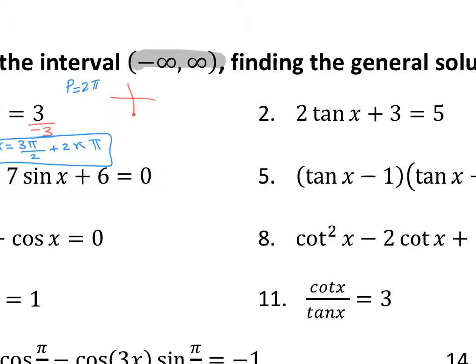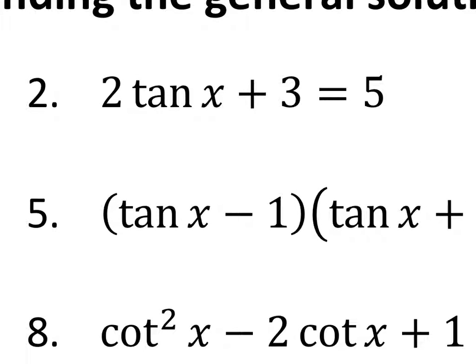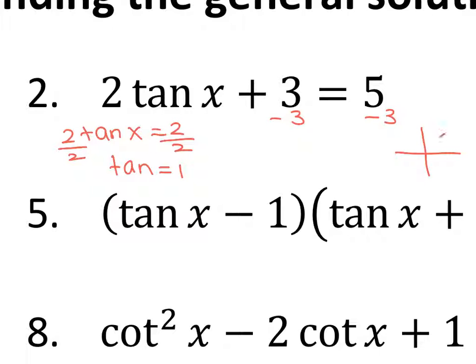Now let's move on to number 2. First of all, I need to isolate the tangent, so I subtract by 3, and then I divide by 2, so tangent x is equal to 1. Now tangent x is positive in the first and the third quadrant, so that will give me pi over 4 and 5 pi over 4.